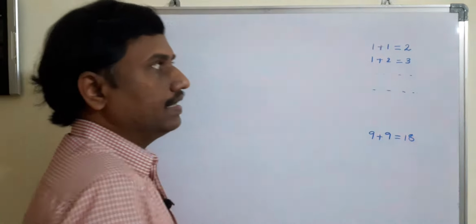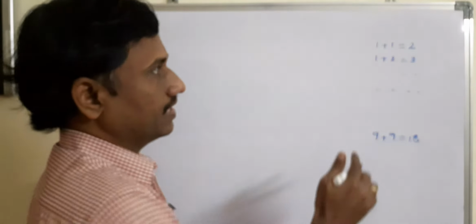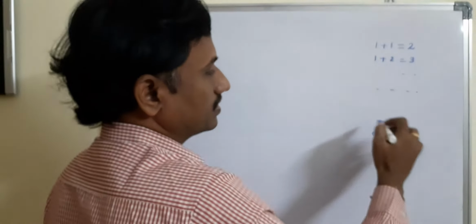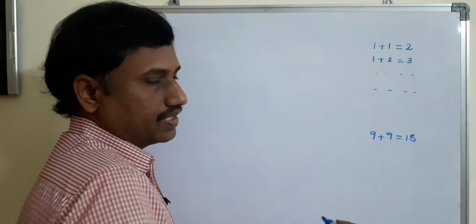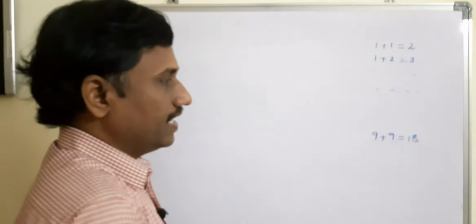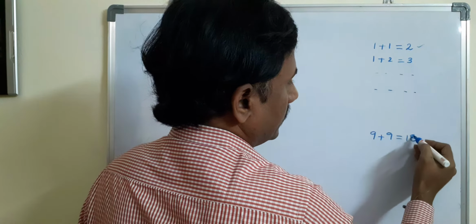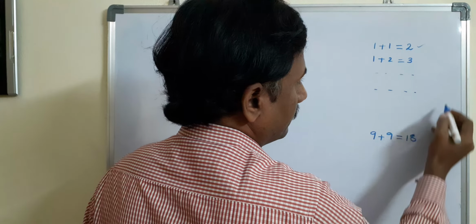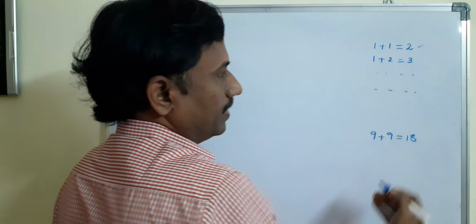Means single digit numbers from 1 to 9. If you take all the combinations like 1 plus 1, 1 plus 2, 1 plus 3, the last combinations are 9 plus 1, 9 plus 2, 9 plus 3. The last combination is 9 plus 9, 18. That means the highest value is 18, and before it you have 17, 16, 15, 14.